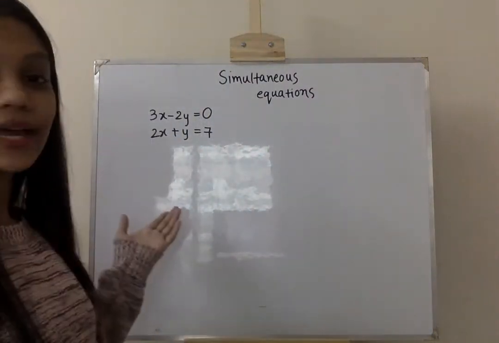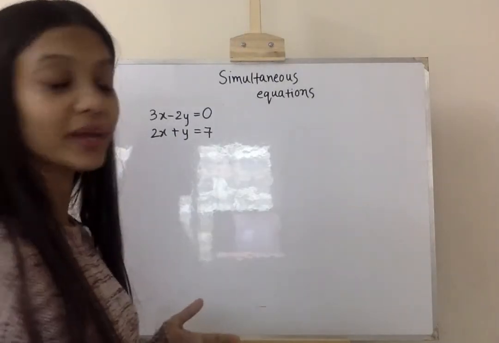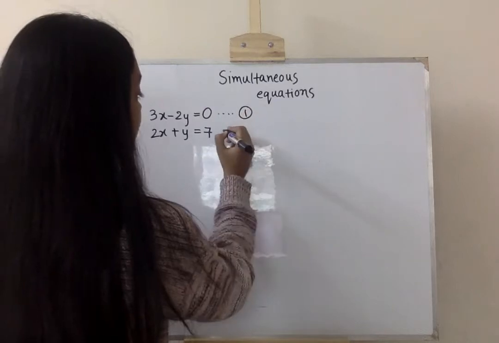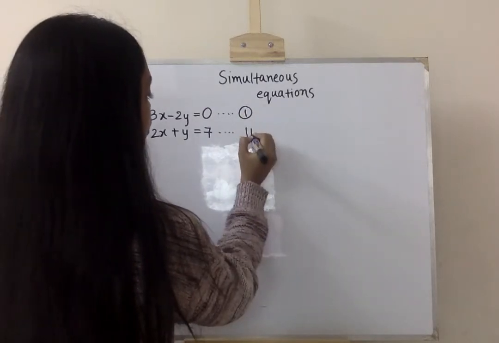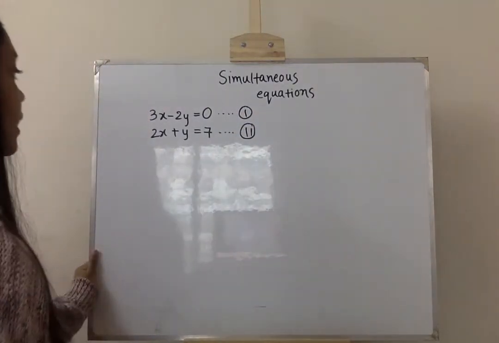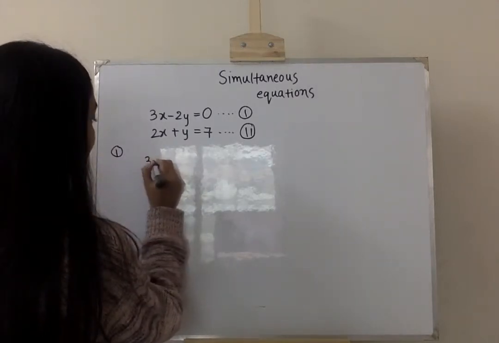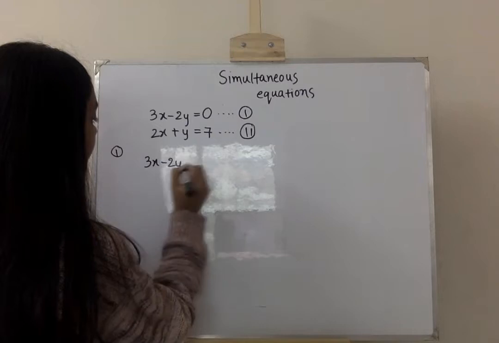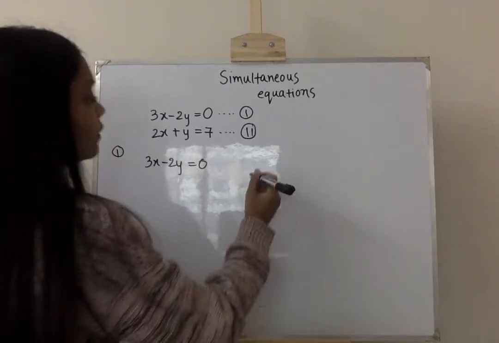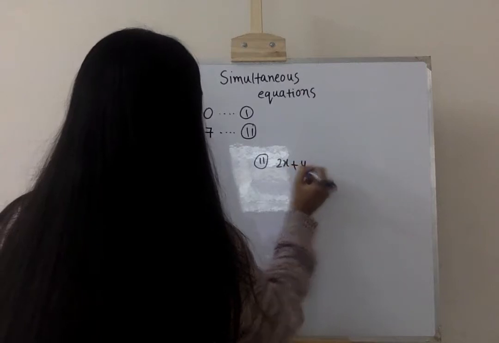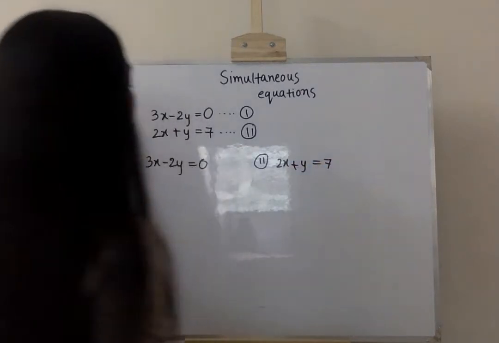Now this is our second set of simultaneous equations. Let's try solving this by the substitution method first. Let's take this equation to be our first equation and this equation to be our second equation. From the first equation, 3x minus 2y is equal to 0. From the second equation, it is 2x plus y is equal to 7.